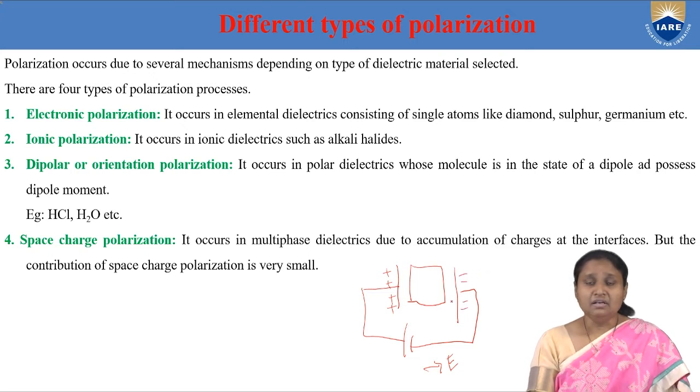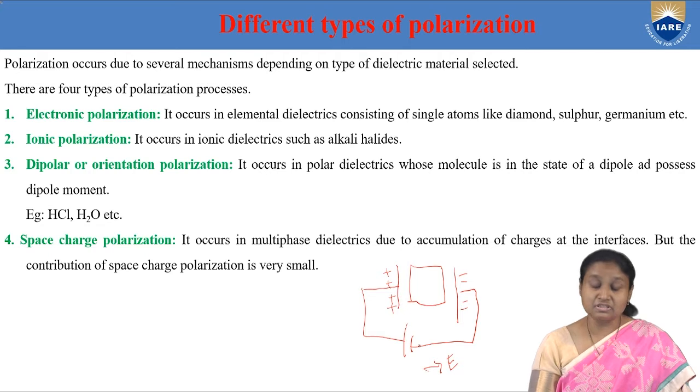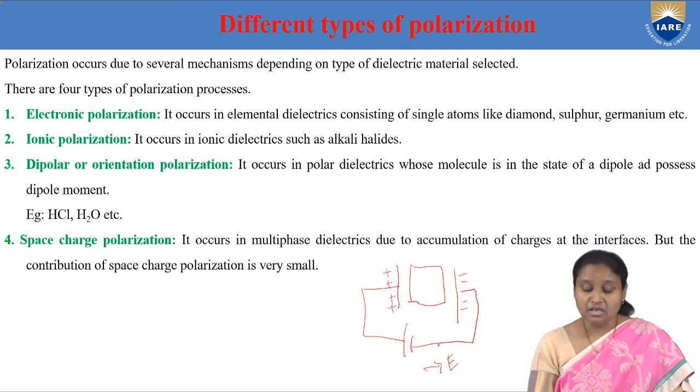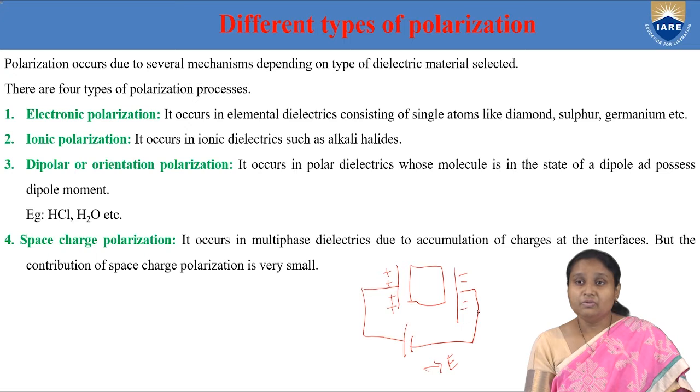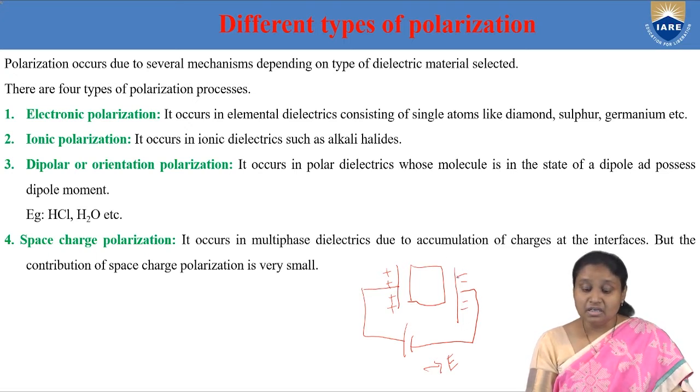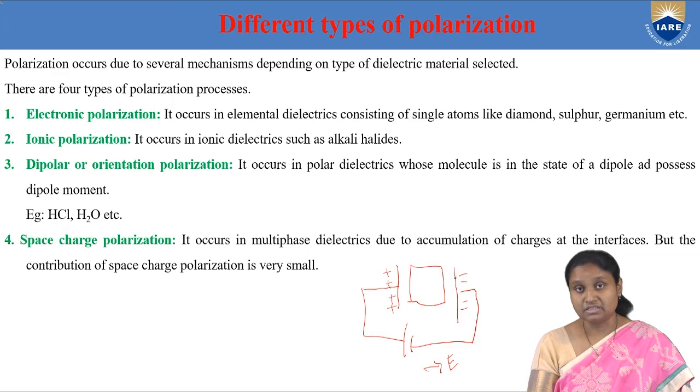The left side capacitor plate becomes positively charged because it is connected to positive polarity, and the right side capacitor plate is negatively charged because it is connected to negative polarity. Because of these charges on the capacitor plates, charges are induced on the faces of the dielectric material kept in between the capacitor plates.